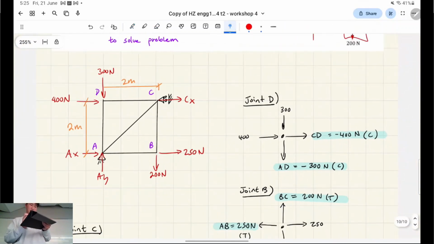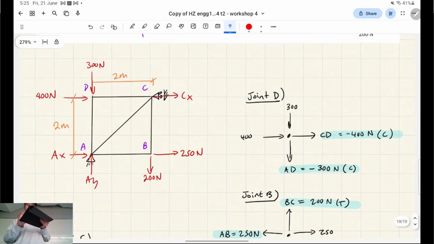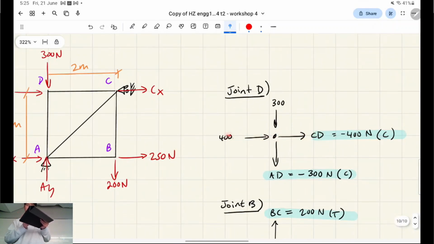Okay. Anyway, so if we look at joint D, right? Everything's vertical in terms of the member, in terms of the force, and when we take the sum of the force in the y direction, it literally just ends up as this in compression. The reason is, as well, we assume tension, right?